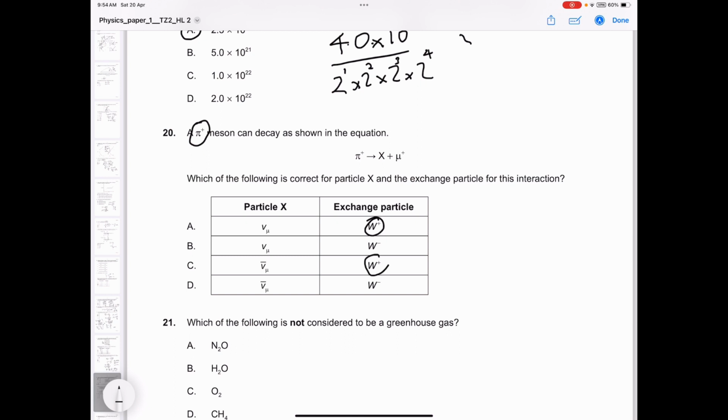So that means the answers can be either A or C. So what is particle X? Well, again, you must know if it's pi meson decay, then it is a muon. So the answer is A.